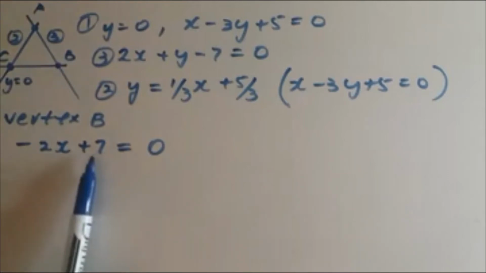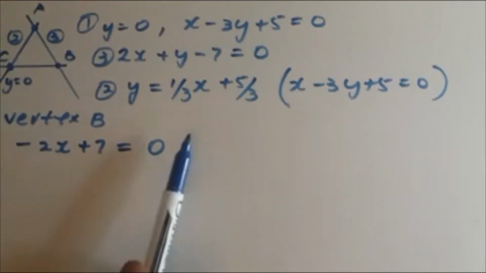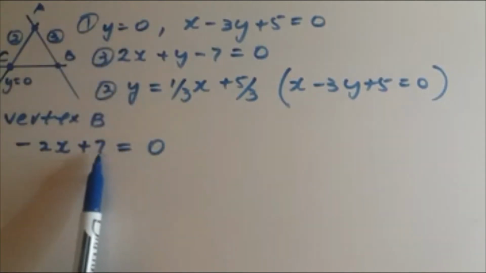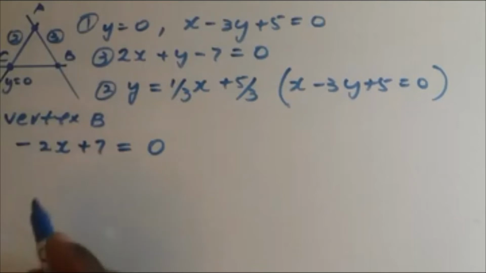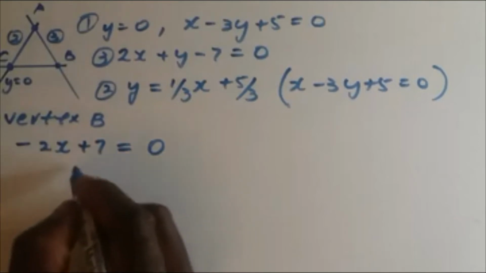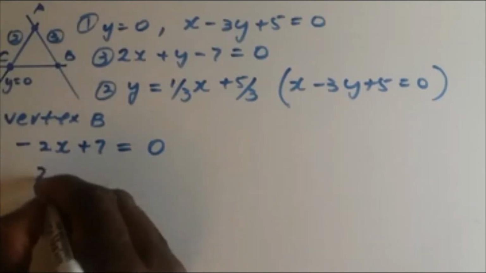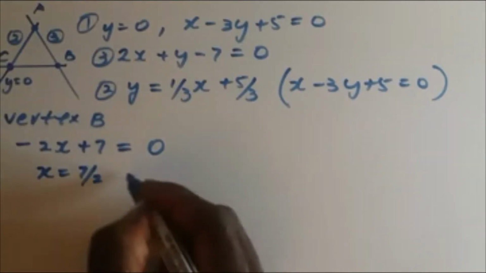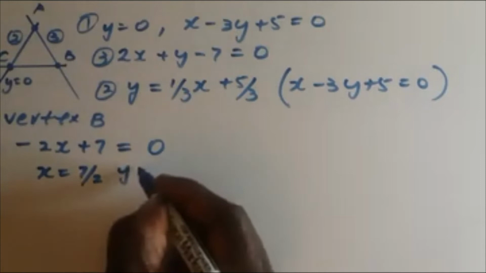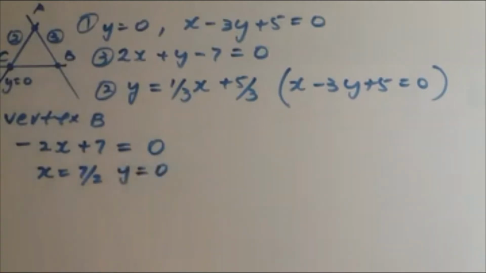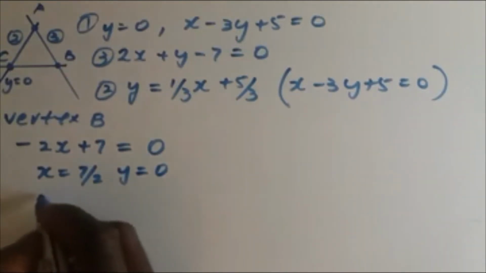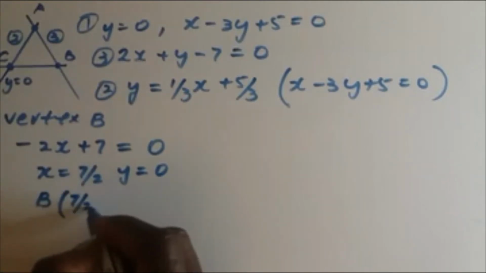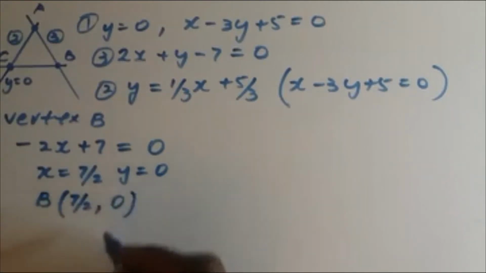So minus 2x add 7 must be equal to 0, because y is equal to 0 here, and y is equal to minus 2x add 7. And so we can solve this to find x, which is 7 over 2. We know the y coordinate, which is y is equal to 0. So B is at 7 over 2, 0.